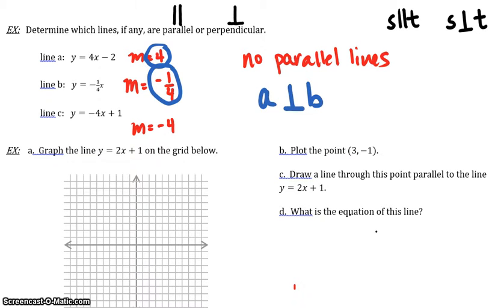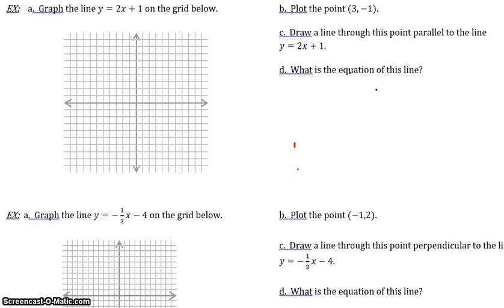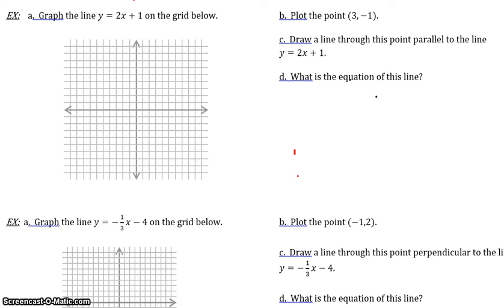Now let's look at this graphically. It says graph line y equals 2x plus 1 on the grid below. In order to graph this line, we need two pieces of information. We need a slope and we need a y-intercept, both of which are given to us in this problem.